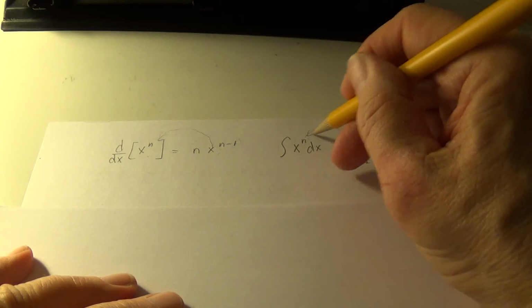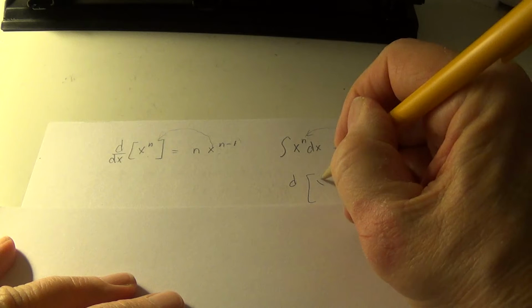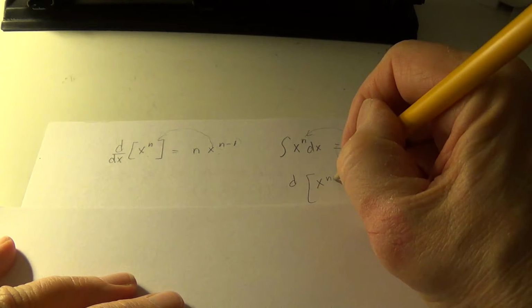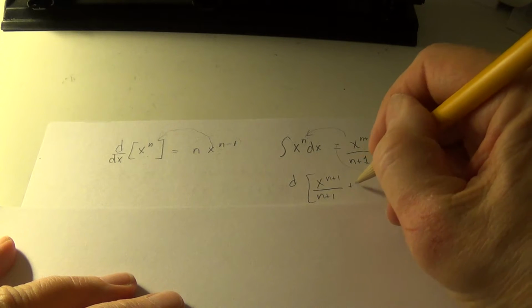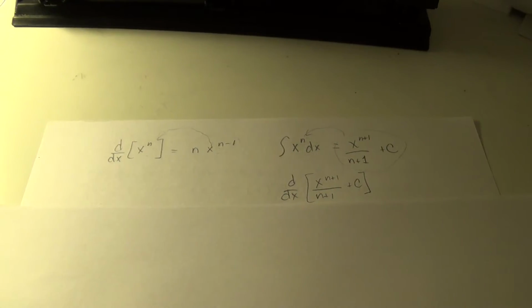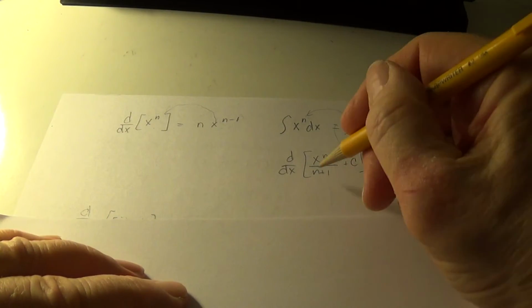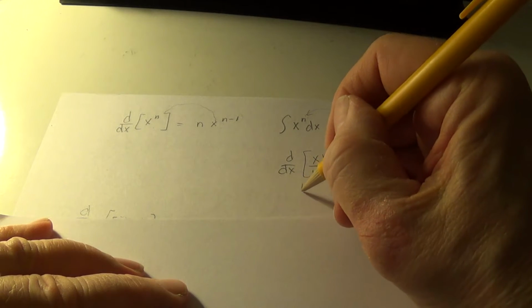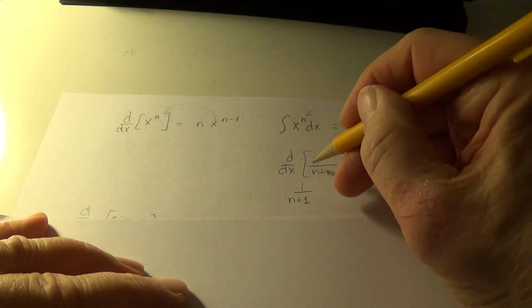So this is going to be true if I take the derivative of this expression, and I can get back to here. So what is the derivative of x to the n plus 1 divided by n plus 1, plus c, with respect to x? Well, this is just a constant, so it's going to appear unaltered in the answer. This is the variable.